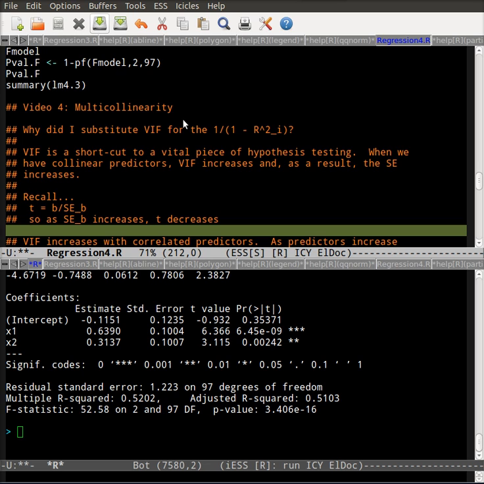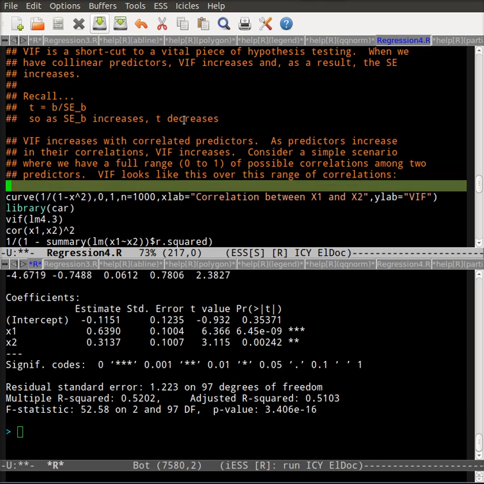When we fail to reject the null, we may fail to reject it for a whole host of reasons. And one of those reasons is multicollinearity. So multicollinearity, what it does is it increases our standard errors and decreases our t-values. And it does it very specifically through the calculation of the standard errors.